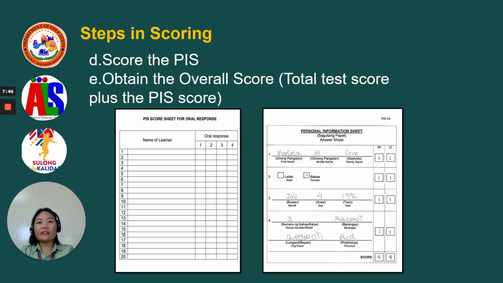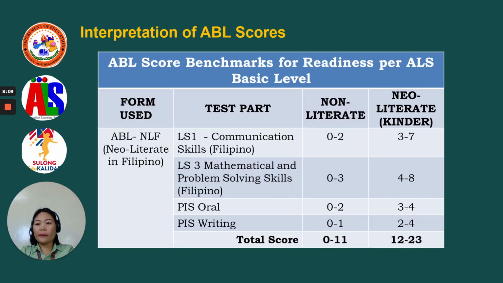After that, score the PIS and obtain the overall score. So from all the questions in the item for all the answers until the PIS, you will obtain the overall score. Now let's proceed to the interpretation of the ABL score.